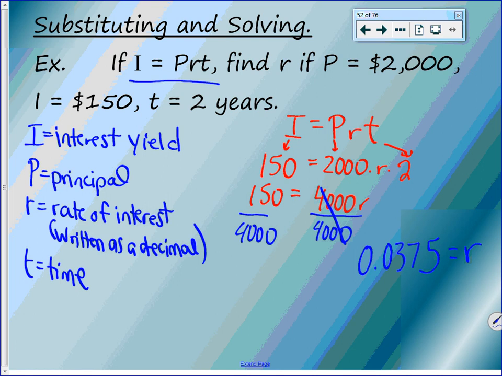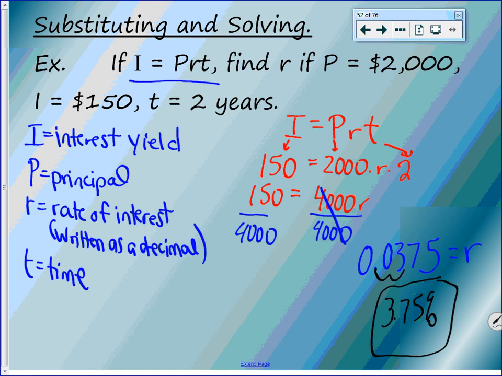So that is my interest rate. And so when you go to the bank, they are going to advertise this in terms of a percent. So you can give that as a decimal, or in terms of a percent, this is 3.75% interest.